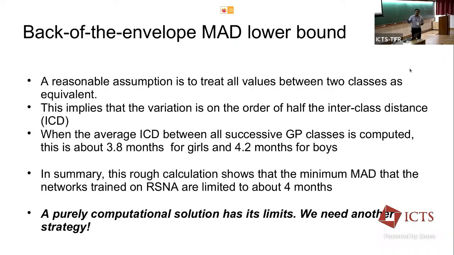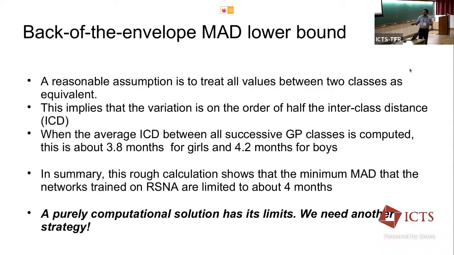This is based on a quick and dirty calculation of the Greulich and Pyle Atlas itself. So the summary is that the minimum MAD you can expect from training networks exhaustively is limited to about 4 months. You should not expect to do any better than that. Why? Again, because data variability is built into the system.